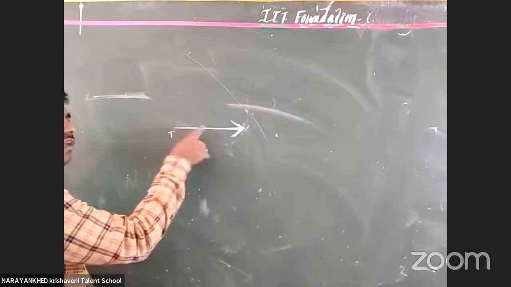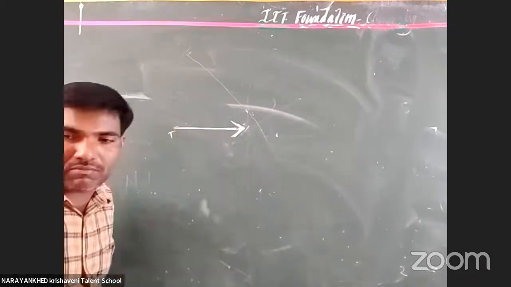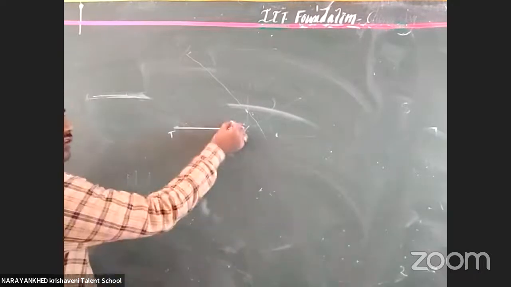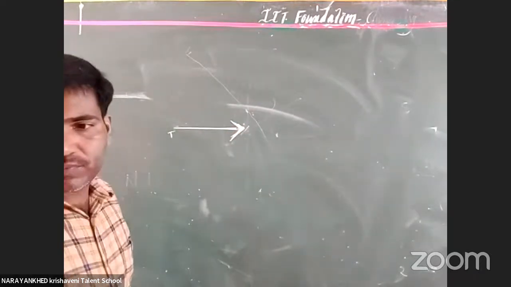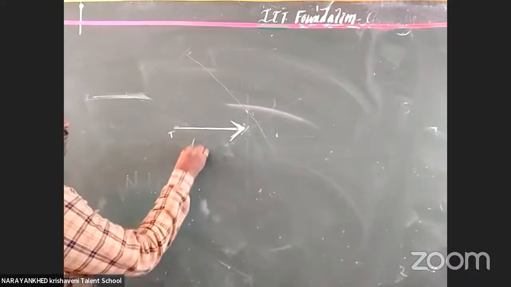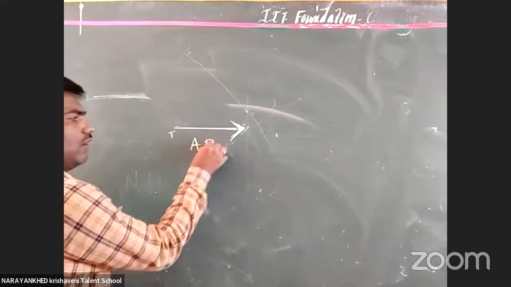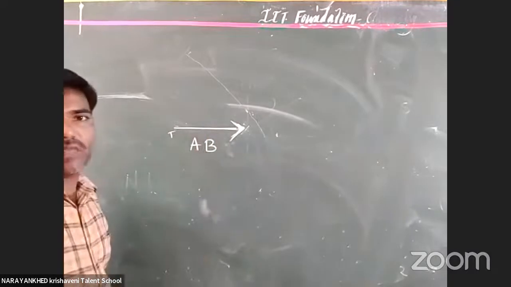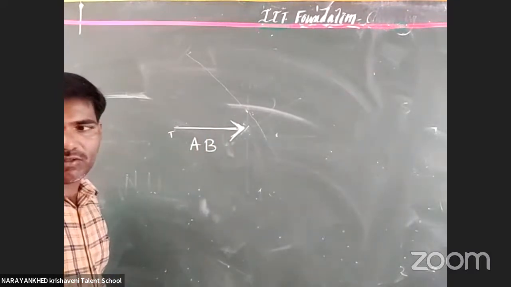The distance from the tail to the head is the magnitude, and the arrow gives us the direction. This is the representation of a vector. Suppose AB is one of the vectors, we represent it like this, A to B. Clear or not?